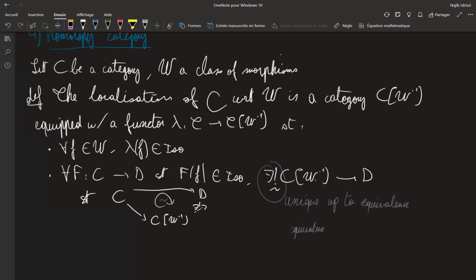Yeah, let's say it commutes strictly, but the functor is only defined up to equivalence. So equivalence means here natural isomorphisms.